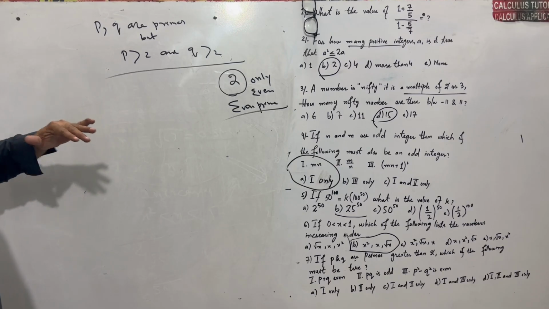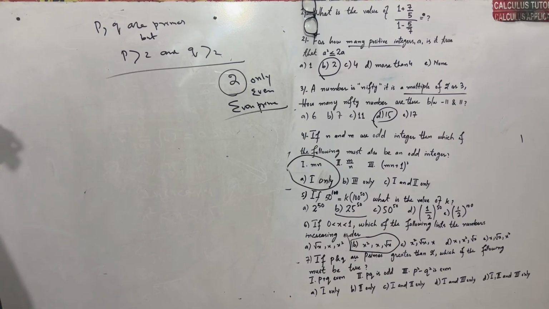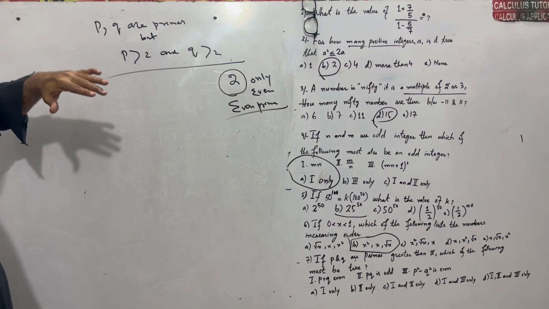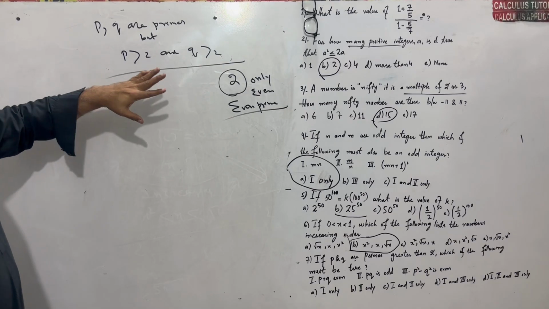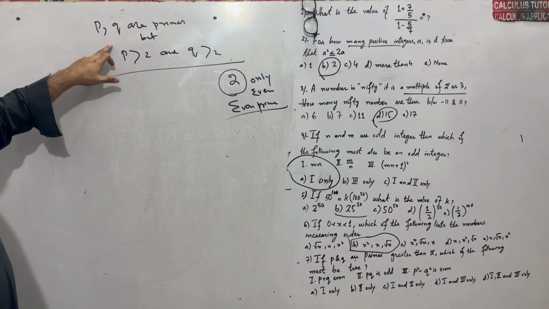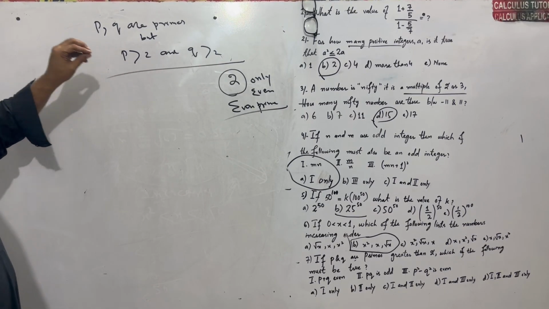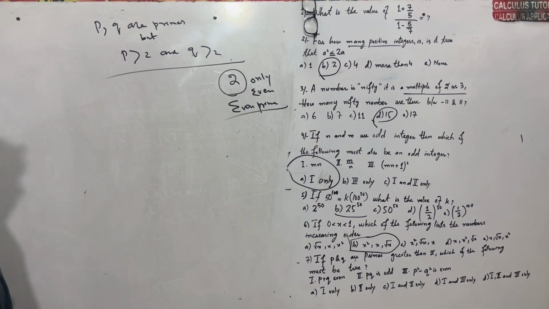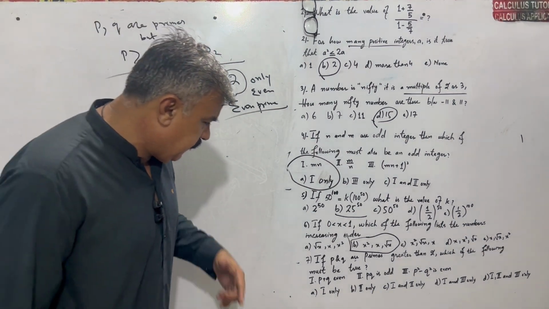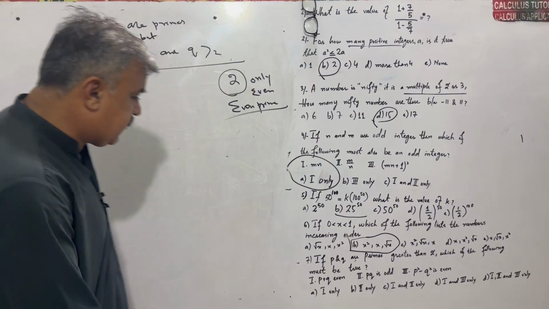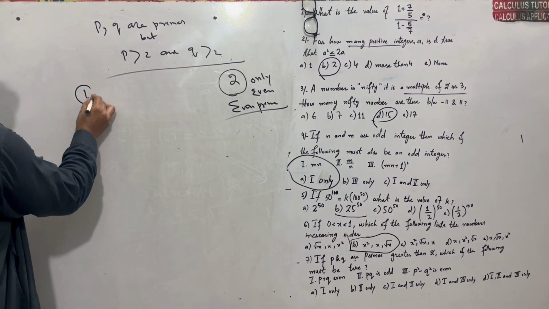Here we have been restricted that P and Q are primes and greater than 2. That means neither P nor Q is 2. They are all odd prime numbers. So what we have to do? Number one, check P plus Q is even.